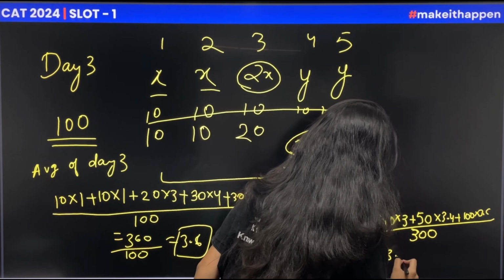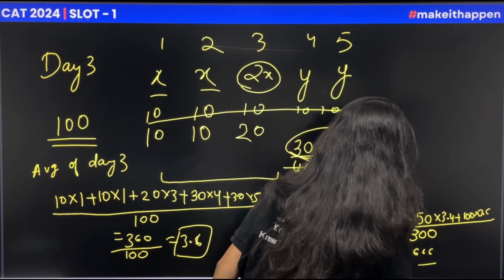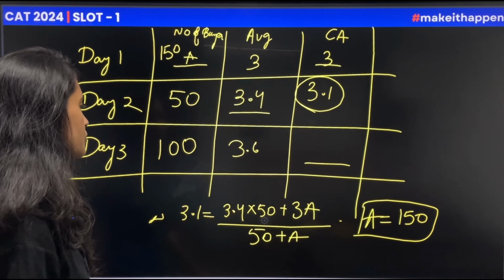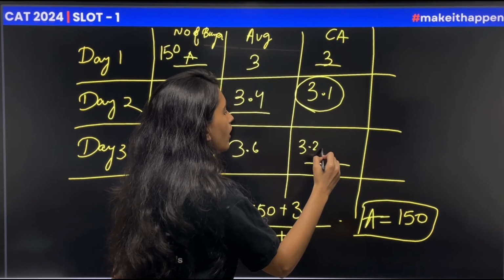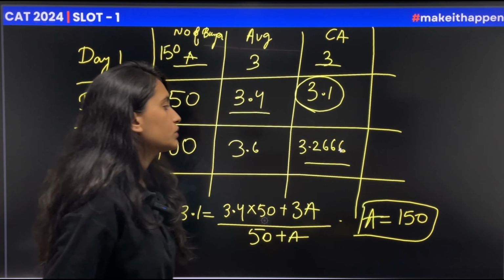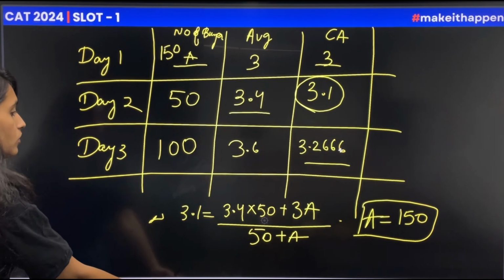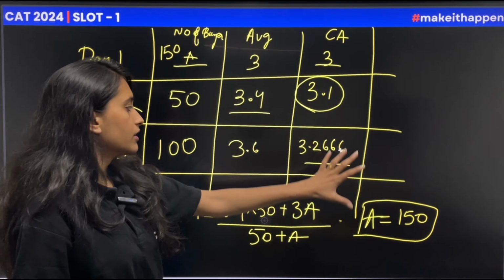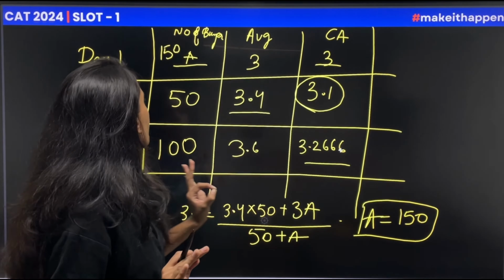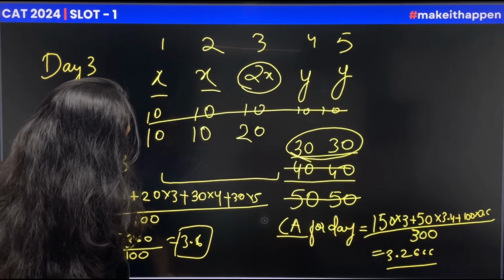That will come out to be 3.2666. Okay, so that is 3.2666.